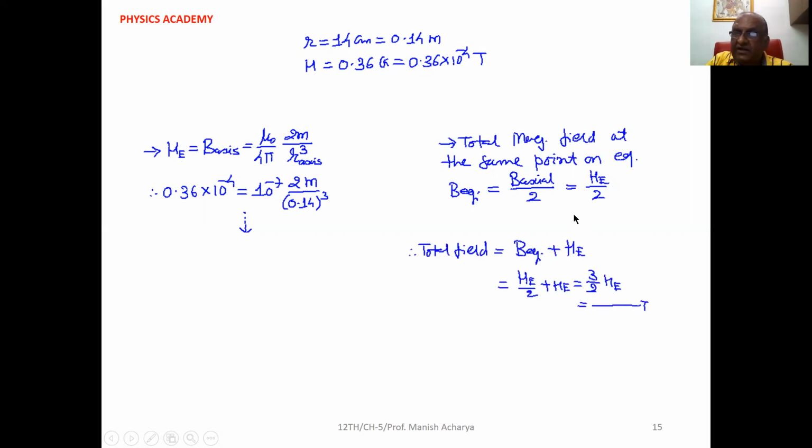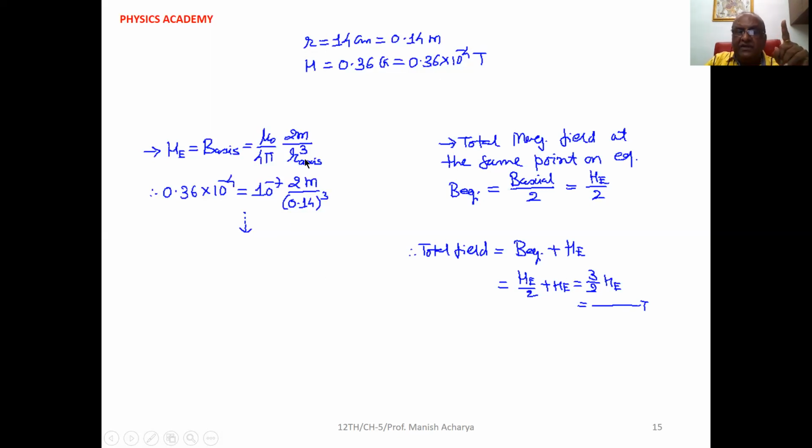But we want to find the total field. So total field is B equatorial plus Earth horizontal, which is already there. But here we proved B equatorial is He by 2. So if we substitute He by 2, then resultantly we will get 3 by 2 He. Now substitute the value of He, that is given to you, 0.36 into 10 raised to minus 4 Tesla. Then solve it, you will get the total field.